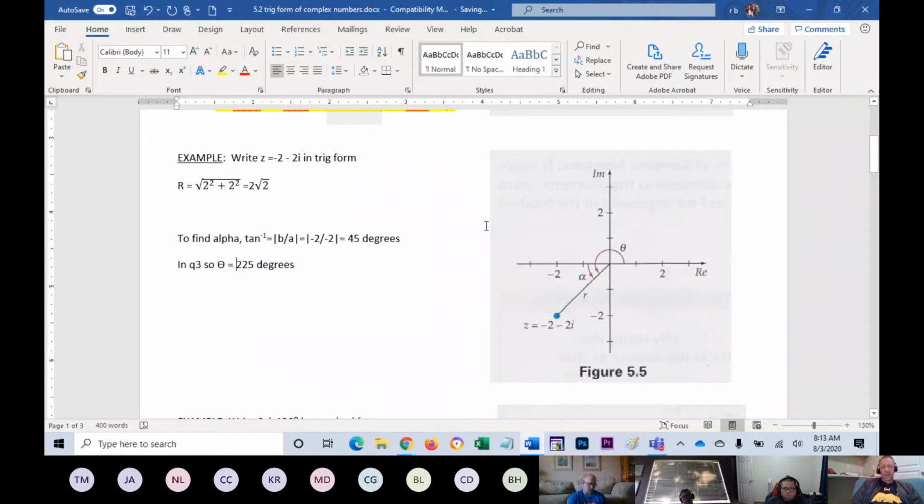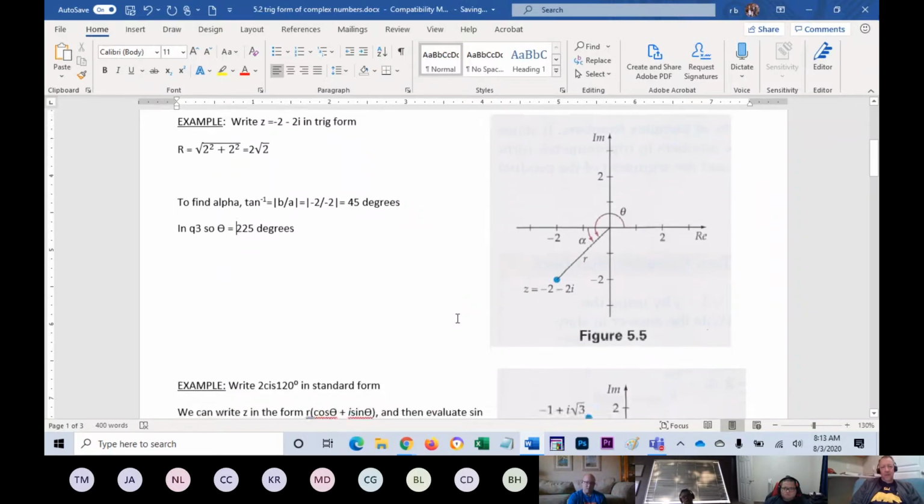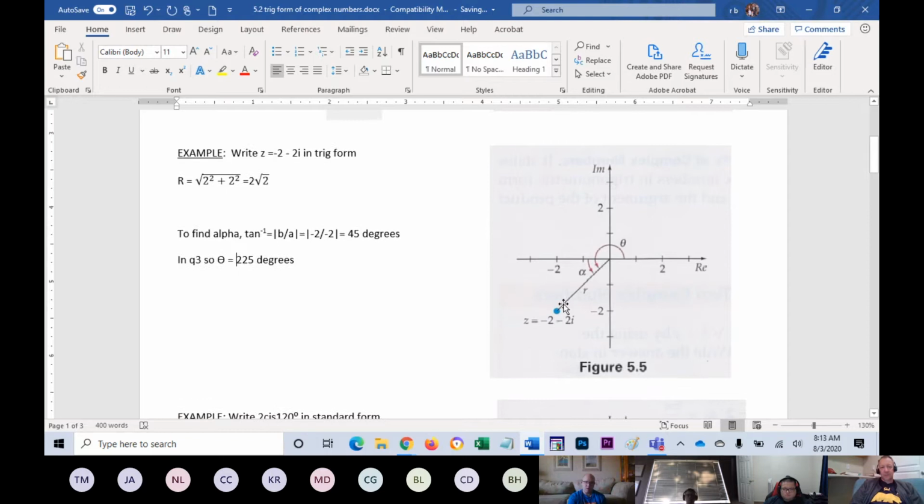So, does that make sense? So what I could do is I could write this as R cis theta equals, in this case, 2 square roots of 2 cis 225.